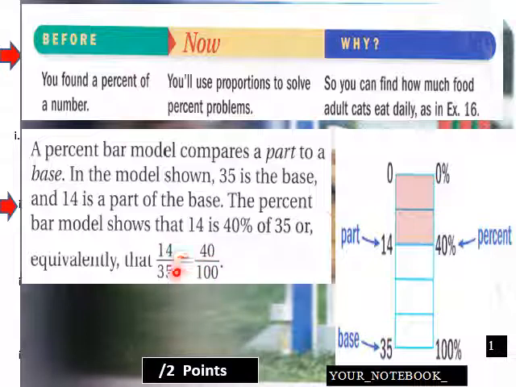This would be your proportion here. When you cross multiply, they will be equal. And then this will be the visual model for this proportion.